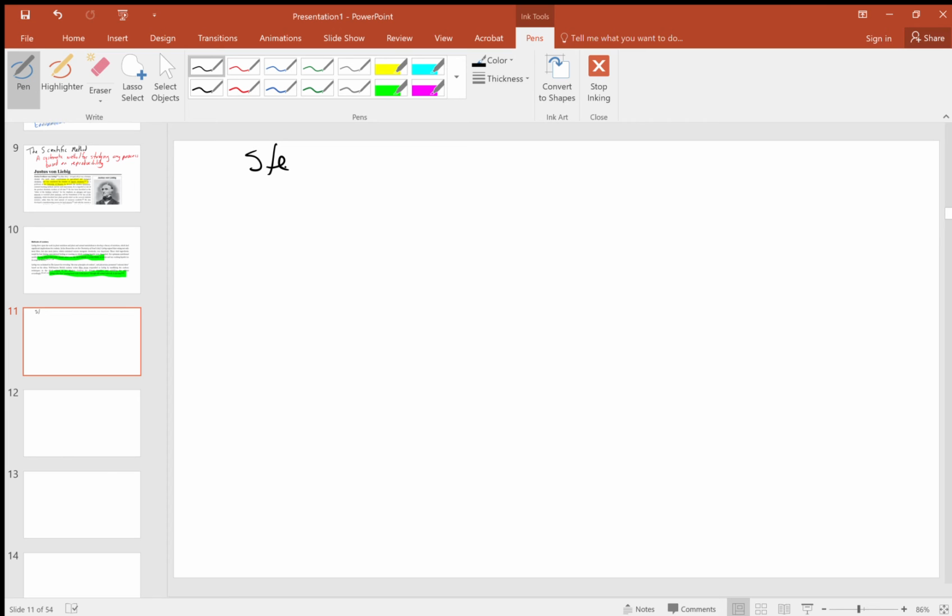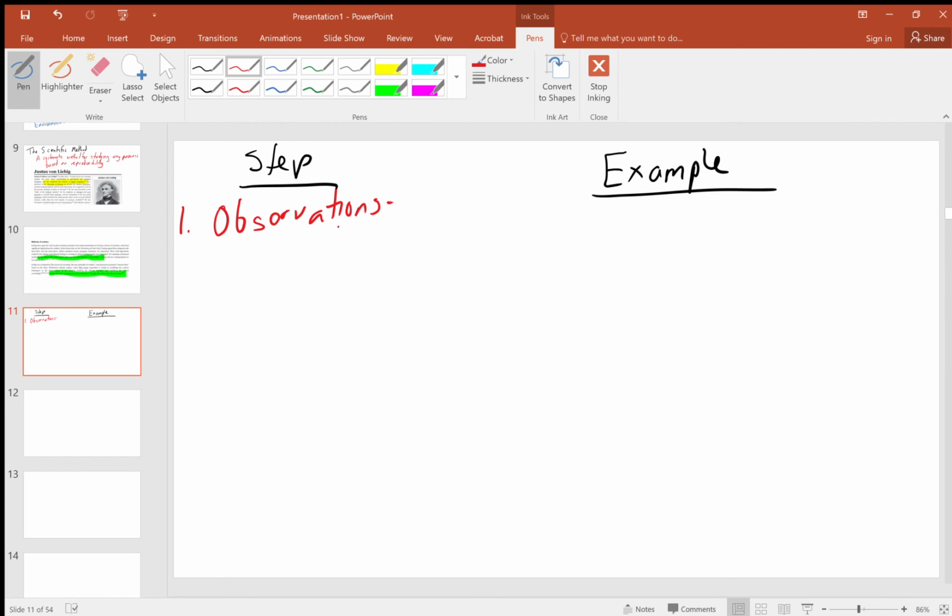So we're going to talk here about the steps involved in the scientific method, and then look at some examples of how we could prove this. So the first step is always to make observations. And we do that most of the time by performing experiments.